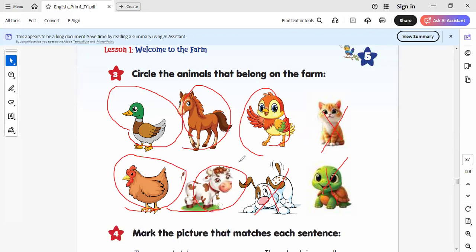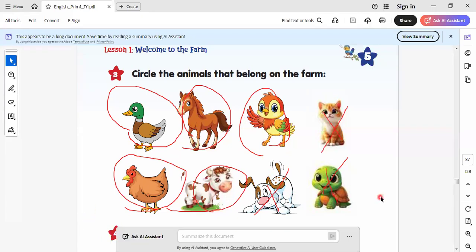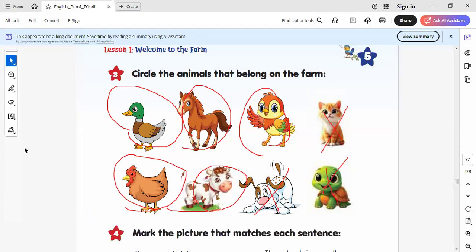All these animals you can see in the farm. Okay, I think birds can also be seen in the farm, because you can see dogs and many birds in the farm. So here we see dog, horse, bird, cow and hen. You can't see turtle and cat. They are not in the farm.